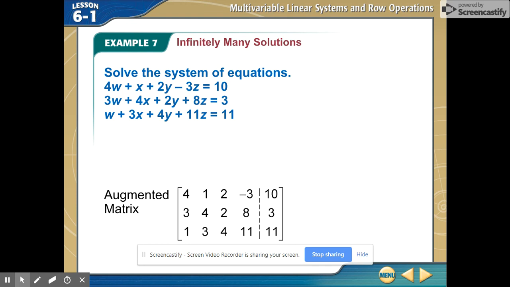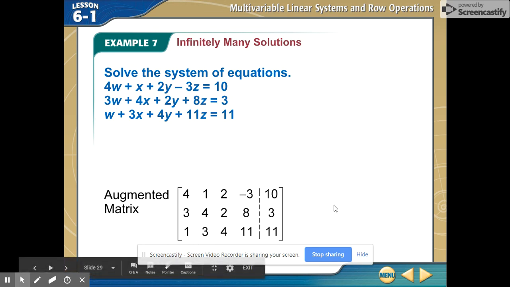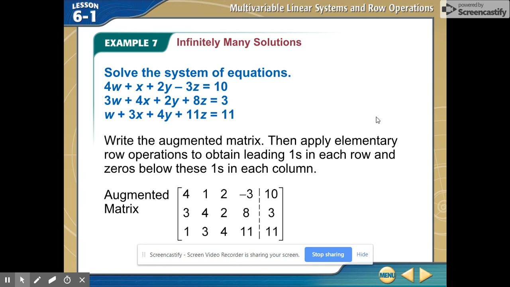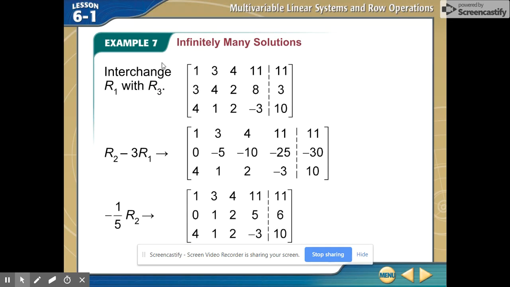All right. So again, if we look at something that has infinitely many solutions, we're going to go through and write our augmented matrix, which is down at the bottom. Again, we're just paying attention to our order here to make sure that our expressions that are at the top are consistent, that the ordering is the same. Otherwise, our matrix isn't going to make sense. And then what we're going to do is use our expressions.